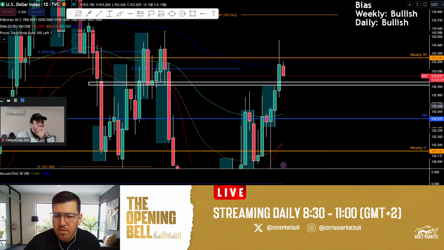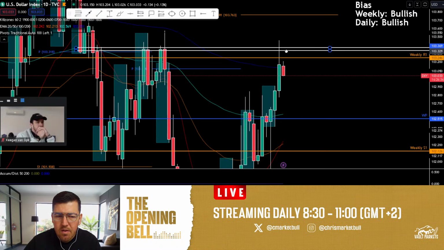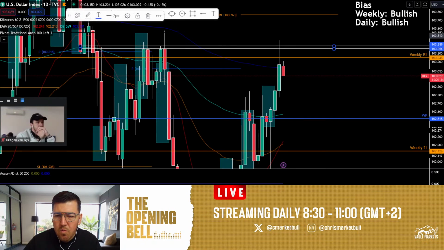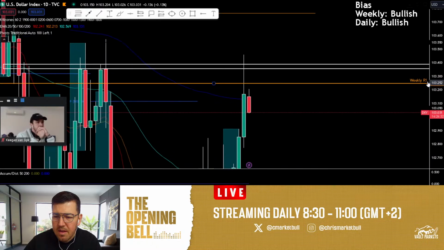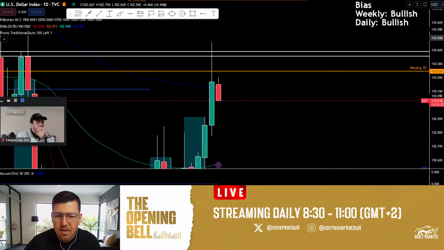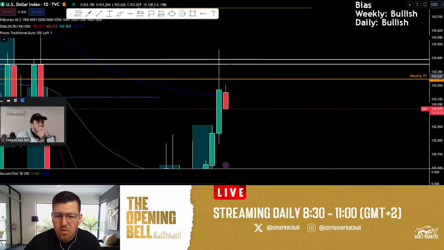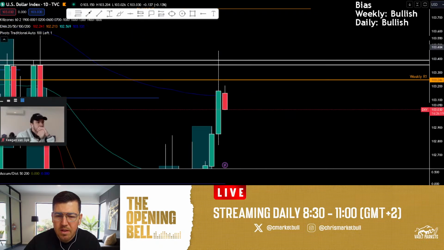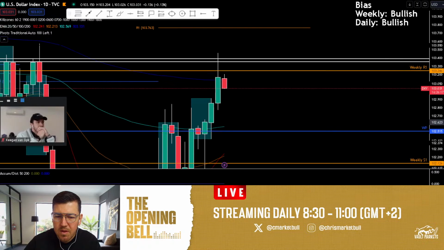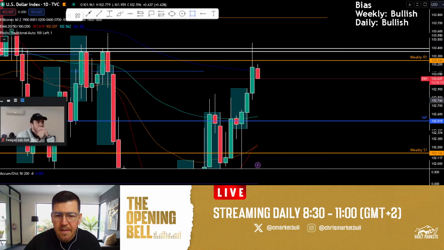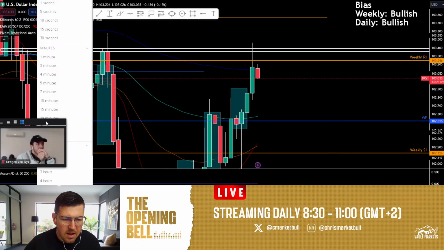And now we've got this prior area of resistance, which potentially, I'm thinking, if we can start flipping bullish on the day again, we can firstly fill this wick, and after that wick fill, depending on how we close today, either closing above that range or actually pushing up above these wicks to then reverse on the day, because we have not yet retested this previous area of resistance. So that is what I've got for DXY on the day.